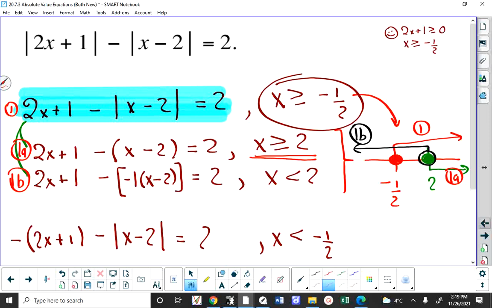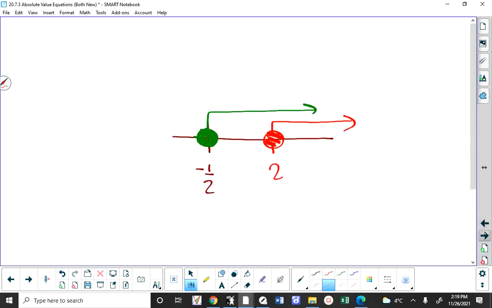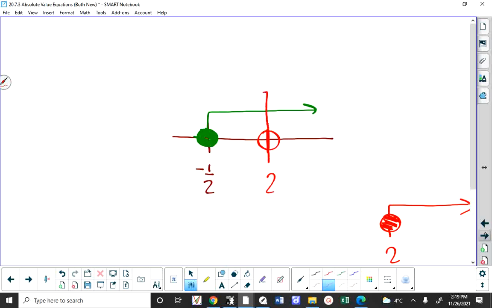On the other hand, for equation 1b, says that. And it has to be in both of those.